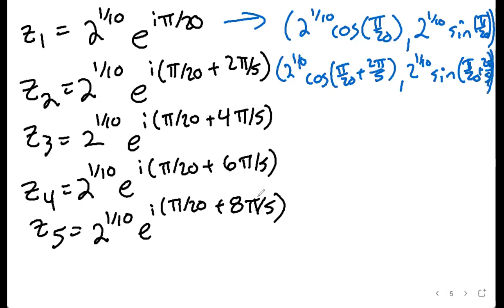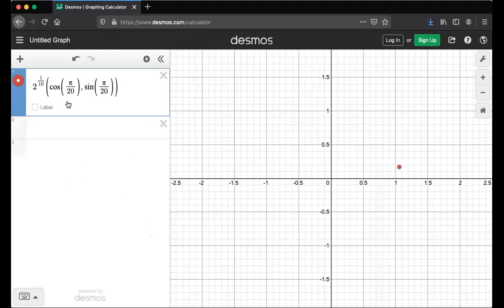So what I want to do is switch over to Desmos to finish things off here. I've already got this pre-made. Right here is the first point. I can give it a label of Z1 as our first point here.